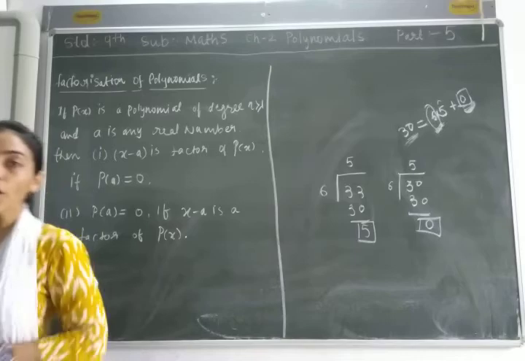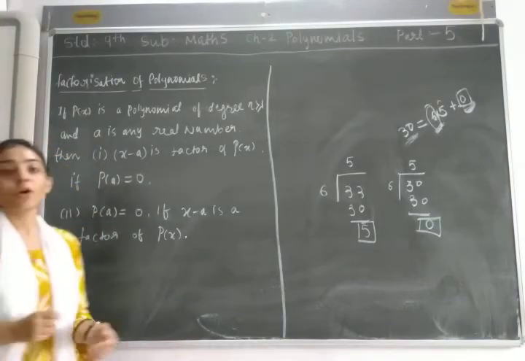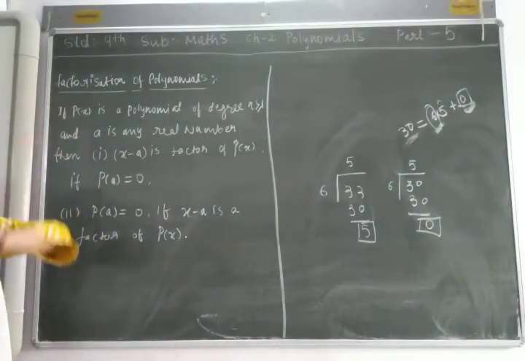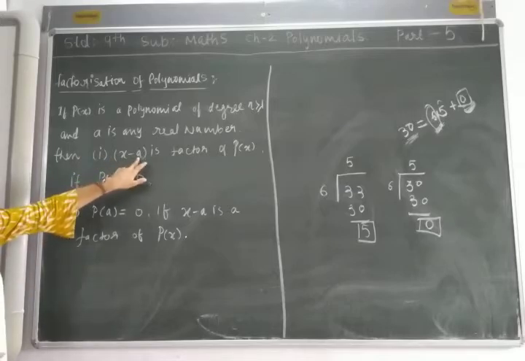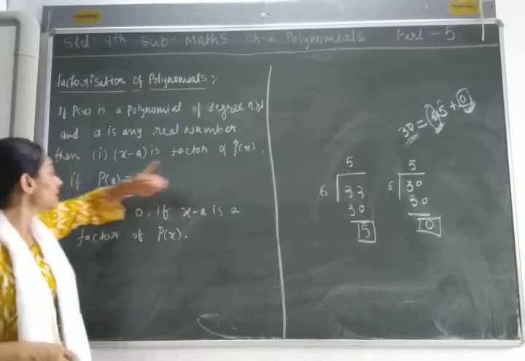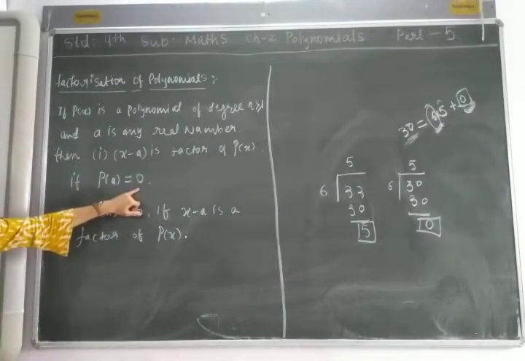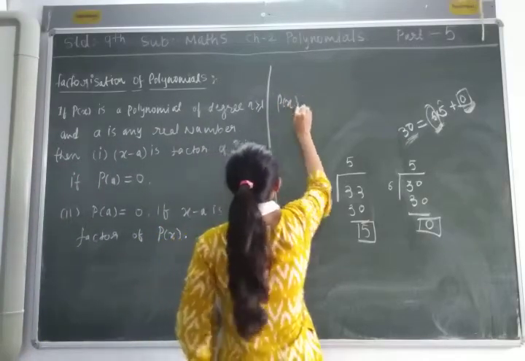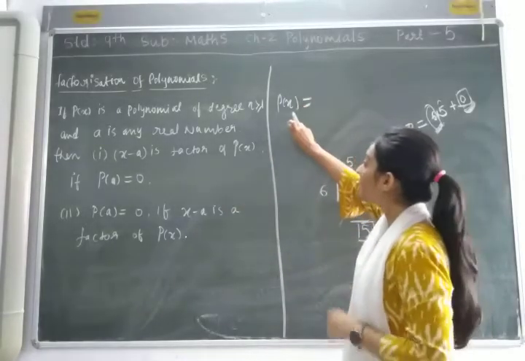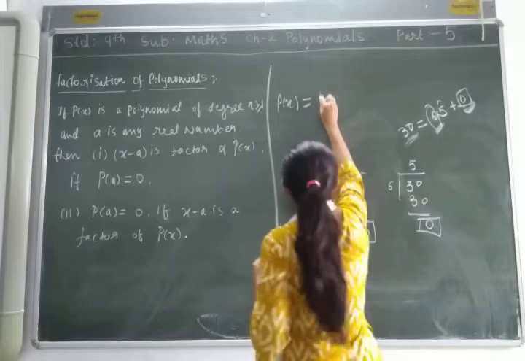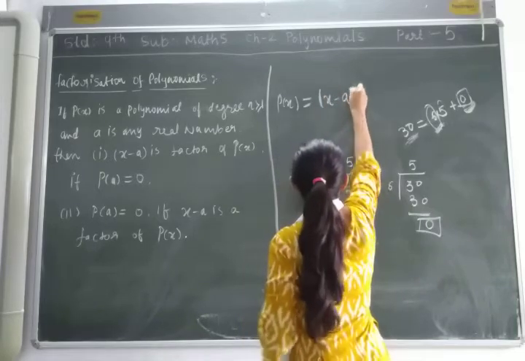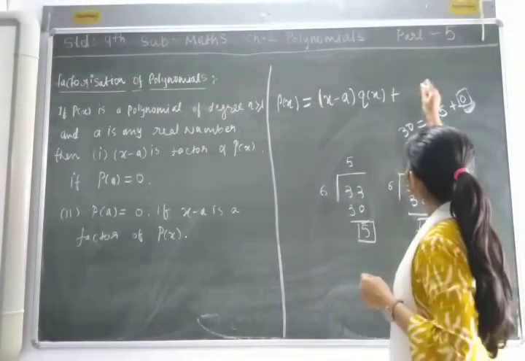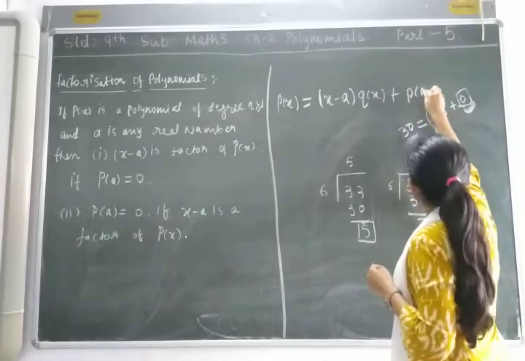Similarly, if we talk about a polynomial, if p of x is a polynomial of degree greater than or equal to 1 and a is any real number, then x minus a is a factor of p of x if p of a equals 0. By the remainder theorem, we know that p of x is written in the form (x minus a) q of x plus p of a.